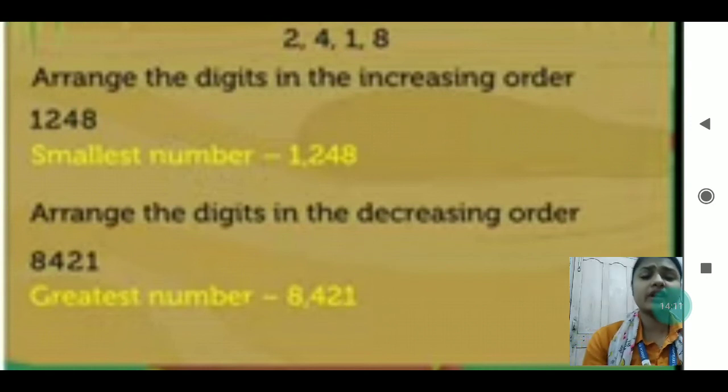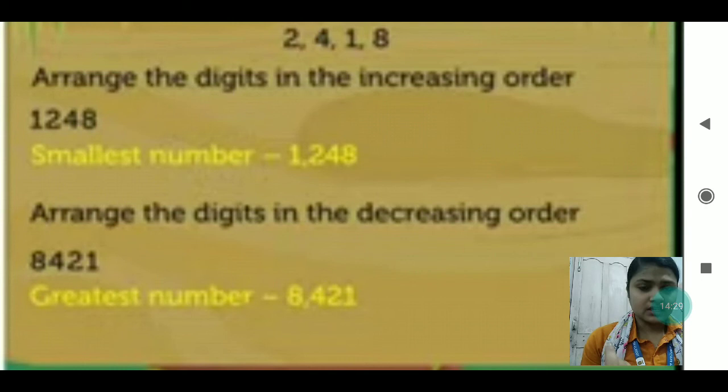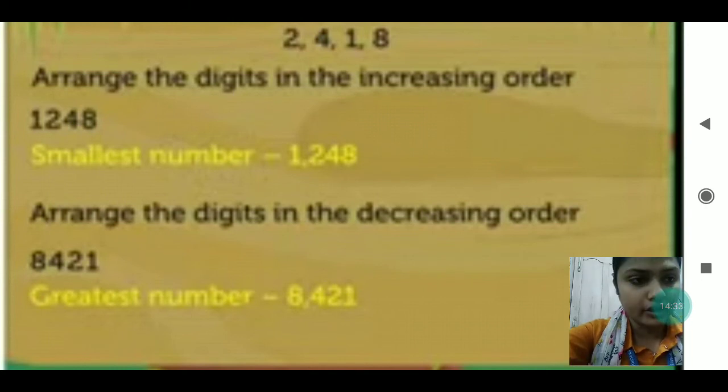So like this you can get questions to form the smallest and the greatest number using particular digits. Whenever you are forming the smallest, you arrange the digits in ascending order from the smallest to the largest. When you are forming the greatest, you arrange the digits from the greatest to the smallest in descending order.